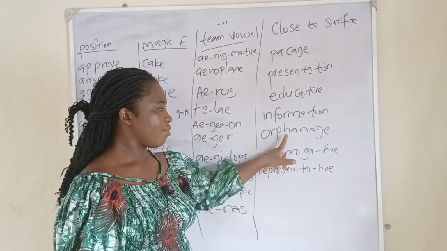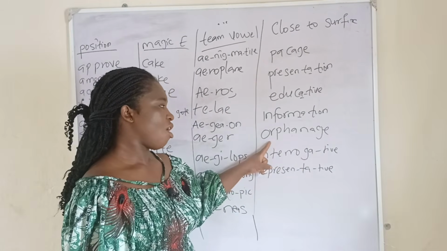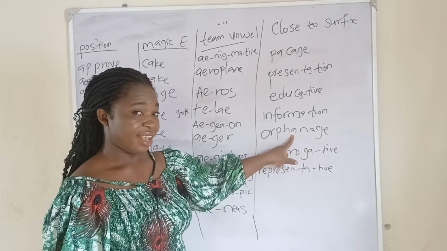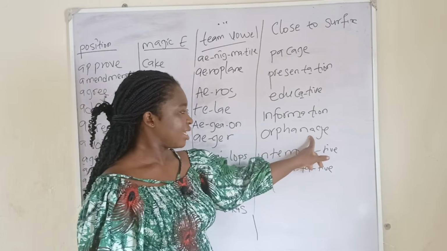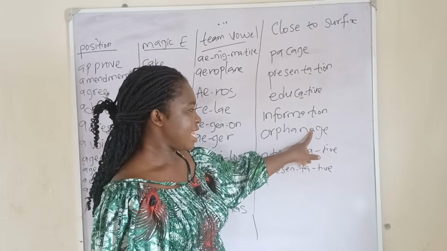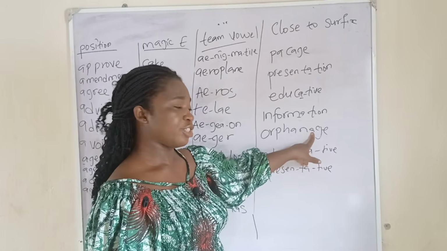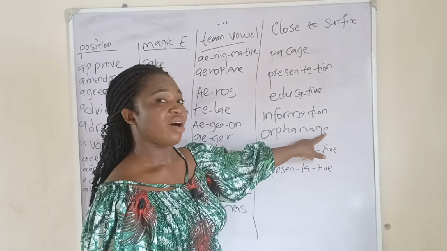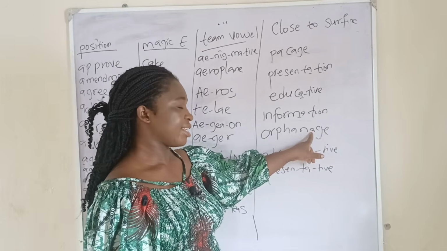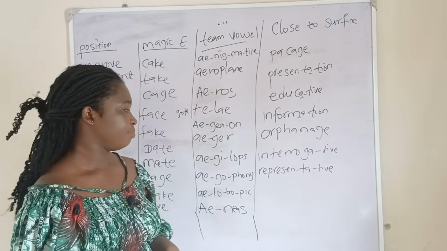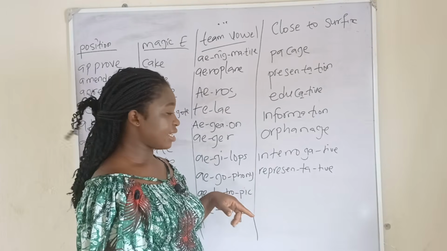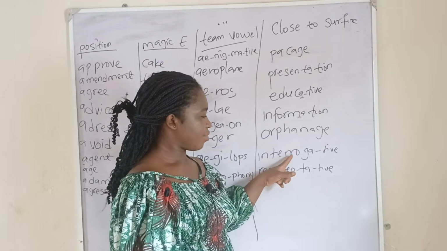We have orphanage. See here it is sounding orpha, but once it goes to this point, we have nage, and we still have the rule of the silent E here affecting this as well. Okay, so it is orphanage. Okay, we still have the next word, interrogative.